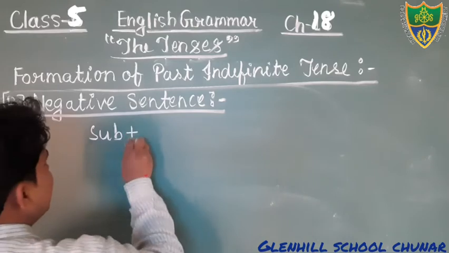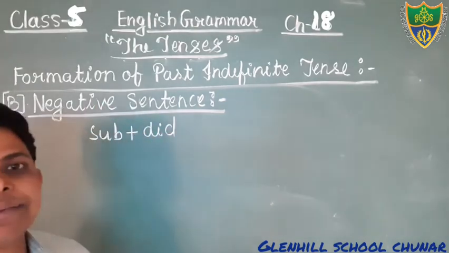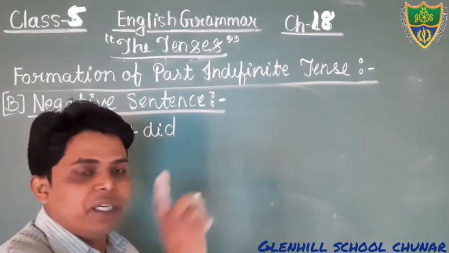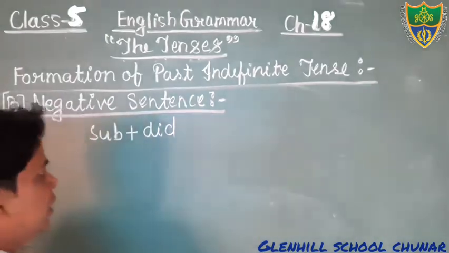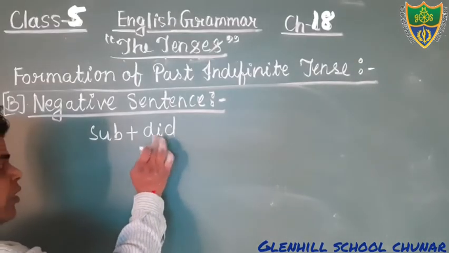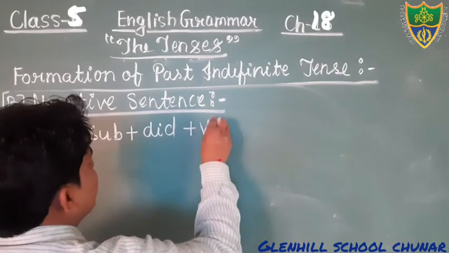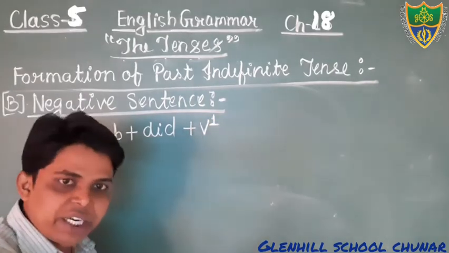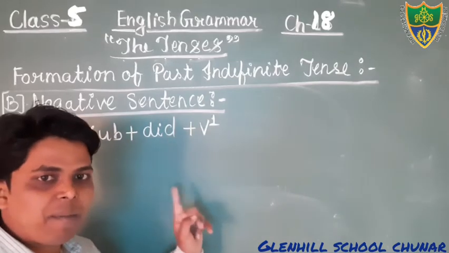Then after you will use the helping verb did. With all kinds of subject you will use the helping verb did. Either the subject is singular or plural, no matter. There is only one helping verb, that is did. And then after you will use the first form of the verb, not second form of the verb. In affirmative structure you will add only second form of the verb.